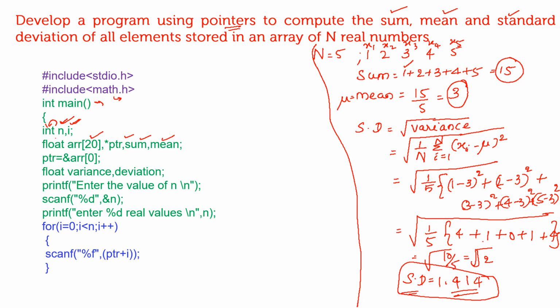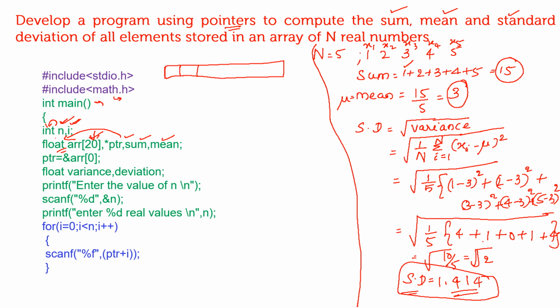So in the declaration part, the array is declared of maximum size, a one dimensional array. The maximum size you can take is 20, and all these variables are of the type float. So you can have your point values also. That is why the data type is float.